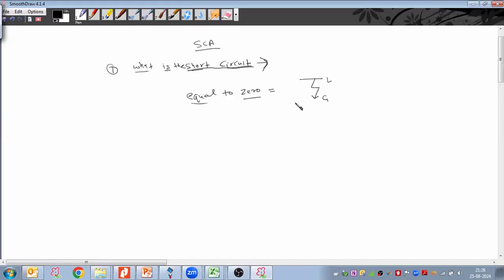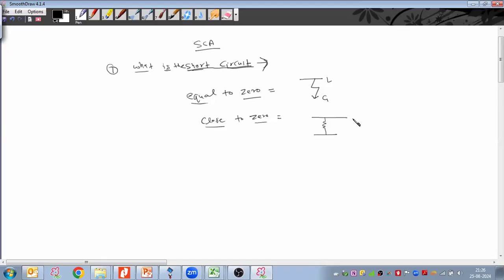When would it be close to zero? Maybe through a resistive path, between line to ground or line to line, where some resistive path comes in. In that case, the potential difference would be close to zero.